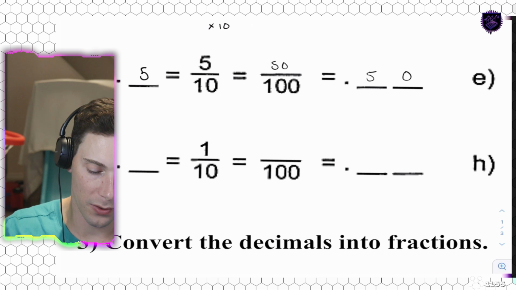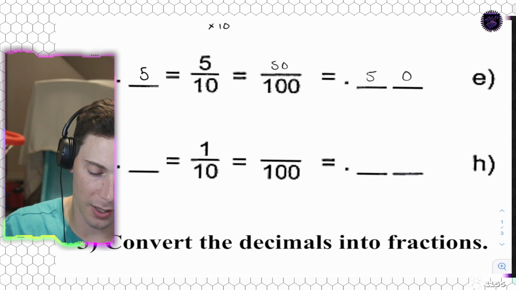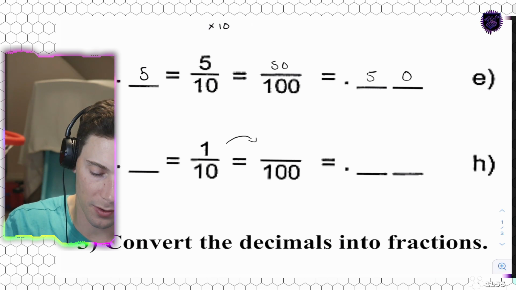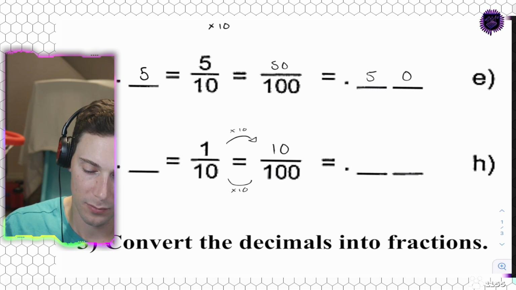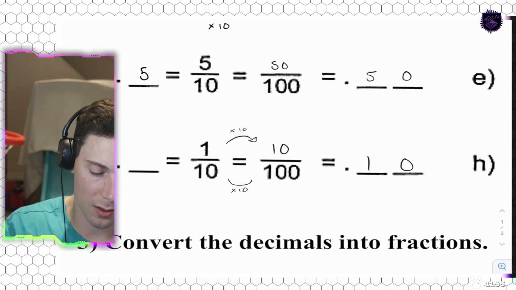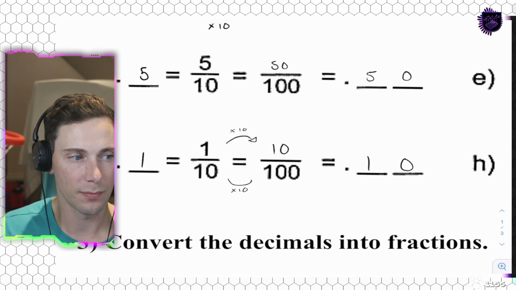This one is the same. Oh, we're going back this way. So if I'm going to convert this way, I have to multiply by 10 and multiply by 10 to turn it into 100. So this is going to be 0.1 on this side.